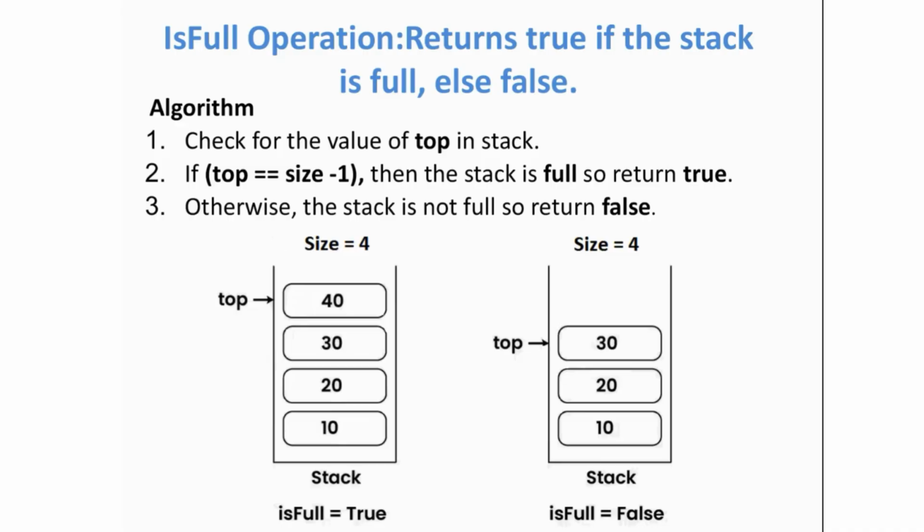So as shown in figure, the size of stack is 4, it shows that the stack is full. In second figure, the value of top is equal to 3, so we can say that the stack is not full and this function returns false.